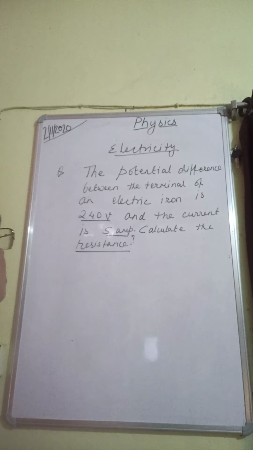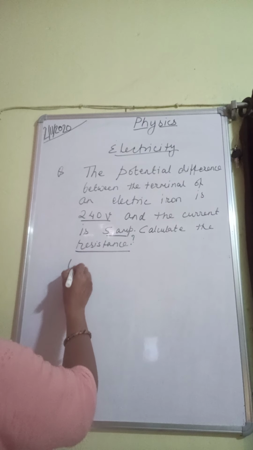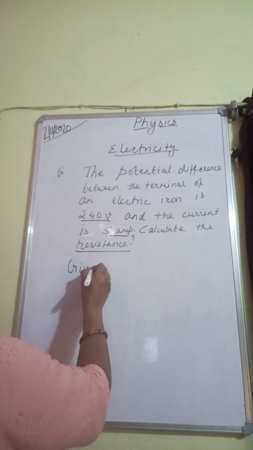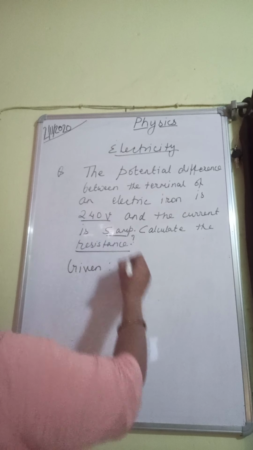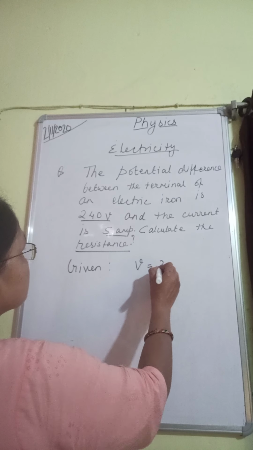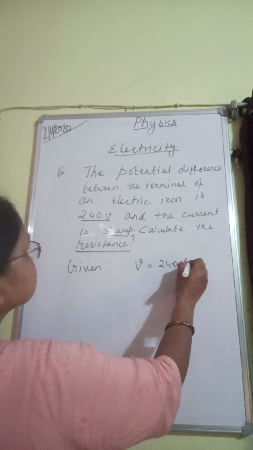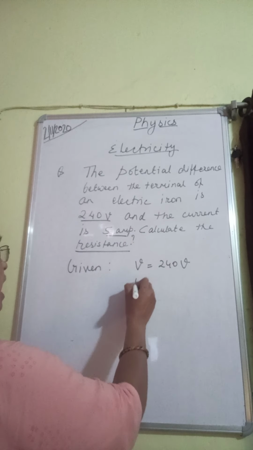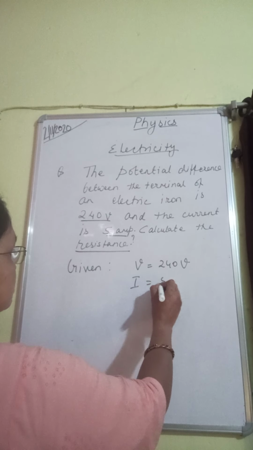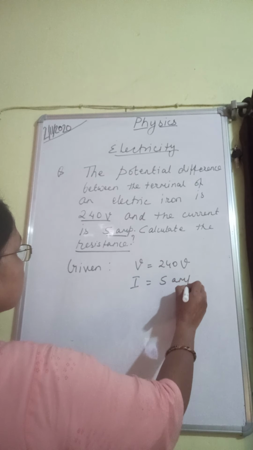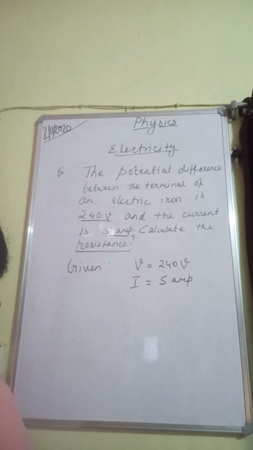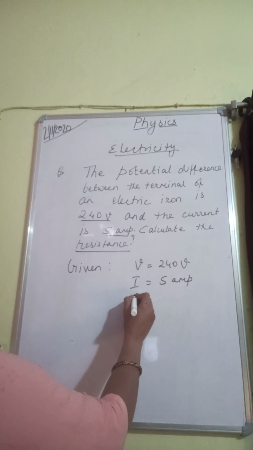So students, see here, first of all we write given. V is given, 240 volt. I is given, 5 ampere. We have to calculate R.